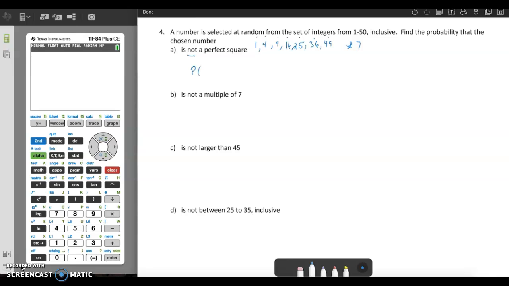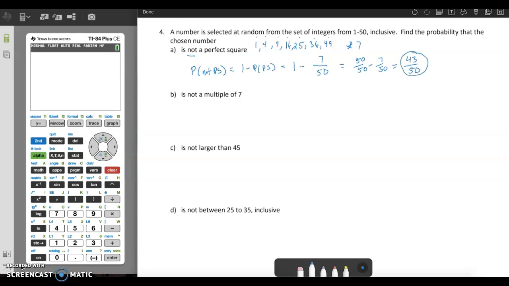Probability of not a perfect square, not PS, is equal to 1 minus the probability that you do draw a perfect square. So 1 minus, out of these 50 numbers, 7 of them are perfect squares. That would be 50 out of 50 minus 7 out of 50, which is 43 out of 50.